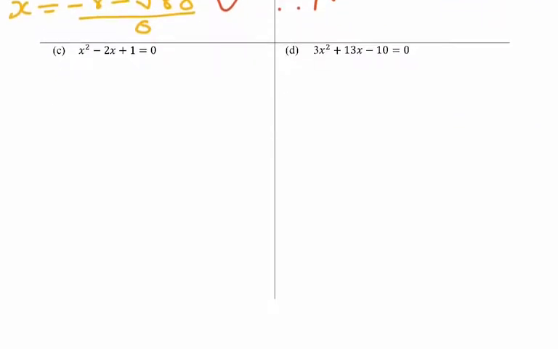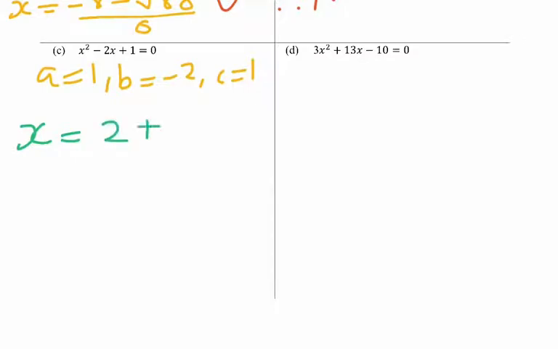Next. Okay, so we have this one. We have a equals 1, b equals -2, c equals 1. Alright, so put that into the quadratic formula. x equals minus b. Now minus -2 is just positive 2.